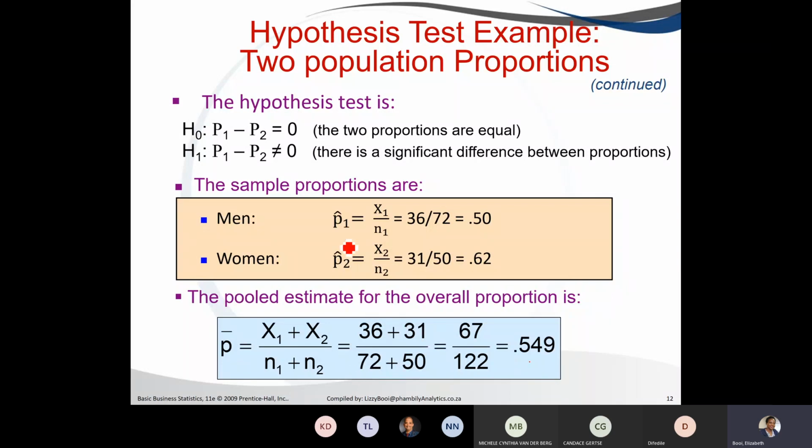So we know our x1 was 36 plus 31 divided by 72 plus 50, and we get 67 over 122. And that gives us the pooled estimate of 0.55 or 0.549.